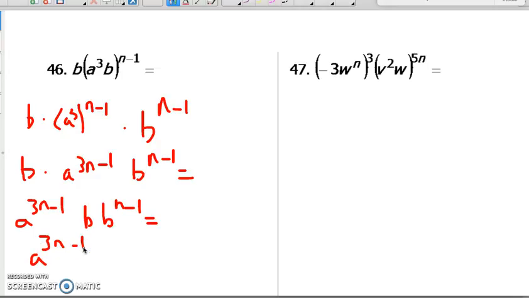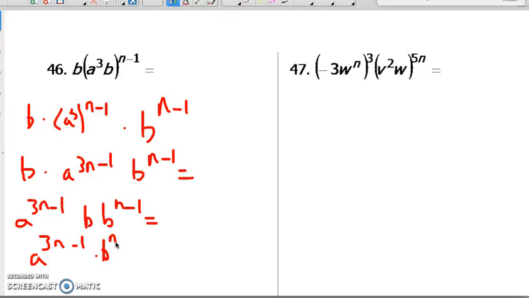I have b times b to the n minus 1. And I multiply this. This is like b to the first. So how would I add b to the first? Or if I'm looking at my exponents, how do I add 1 plus n minus 1? Well, what can you actually add together? The 1 and the negative 1. So you're just left with b to the nth power.